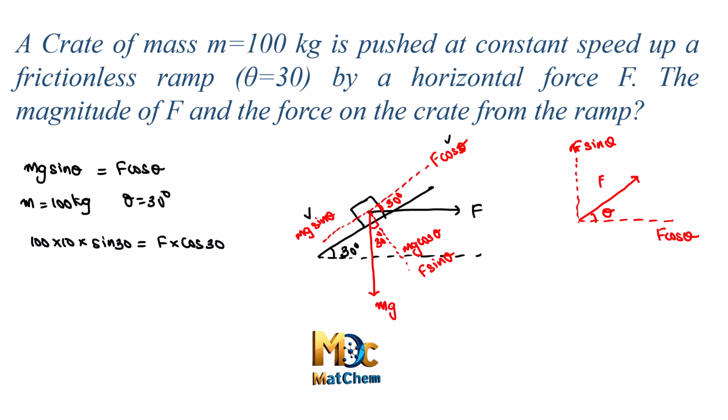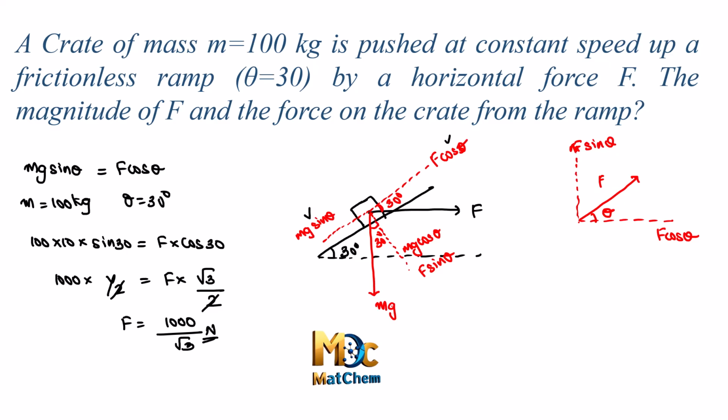So 1000 into 1 by 2 equals F into root 3 divided by 2. Cancel 2 and 2. Therefore, F is equal to 1000 divided by root 3. The magnitude of the force will be 1000 divided by root 3 Newton.